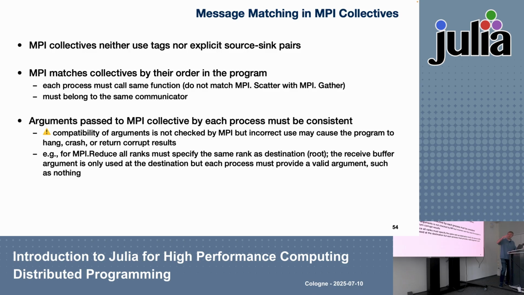So if all of the ranks participate in the same function, then they all also have to call the same function, and they also have to do this collective in the same communication group.